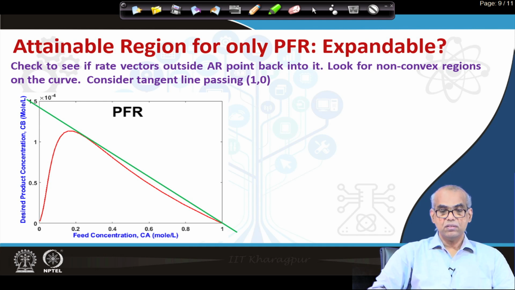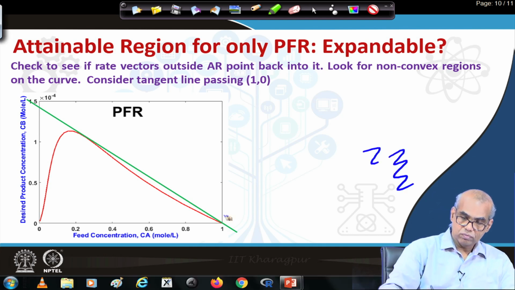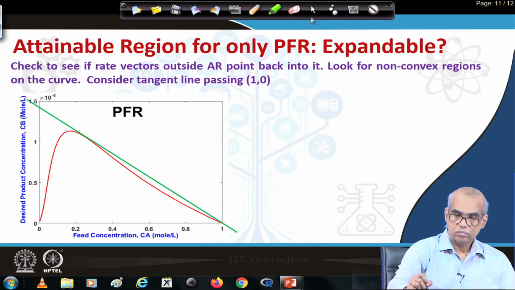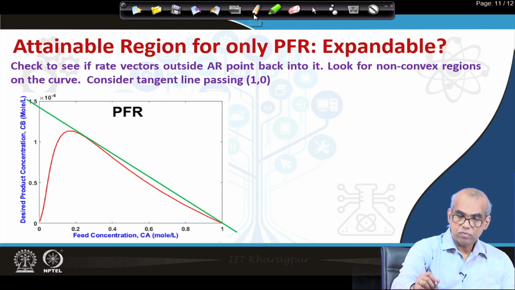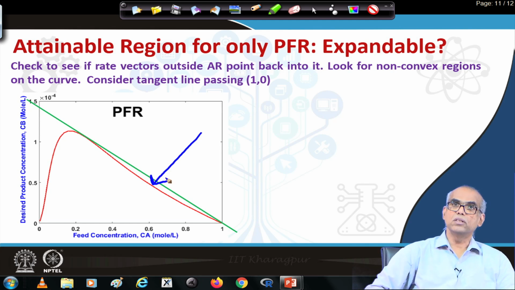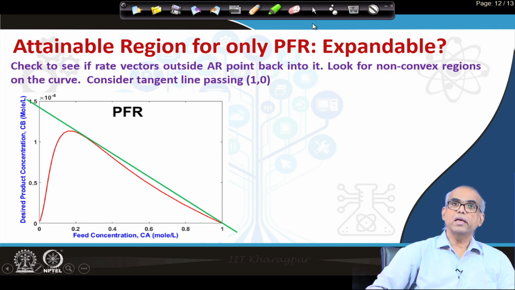For the given figure, we consider the tangent line passing through the feed point 1, 0. We clearly see the presence of a non-convex region. So, I can extend the obtained region by mixing.